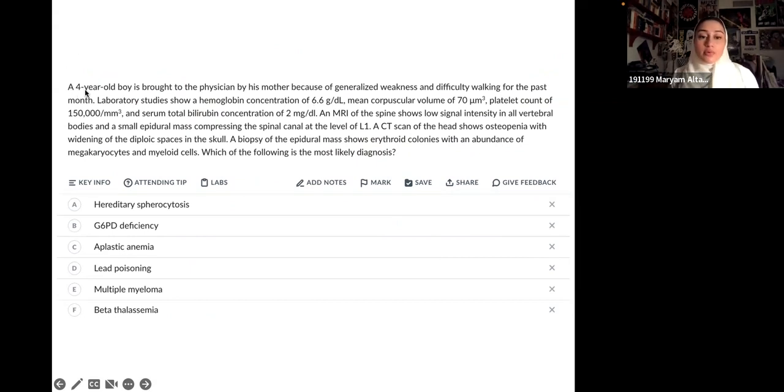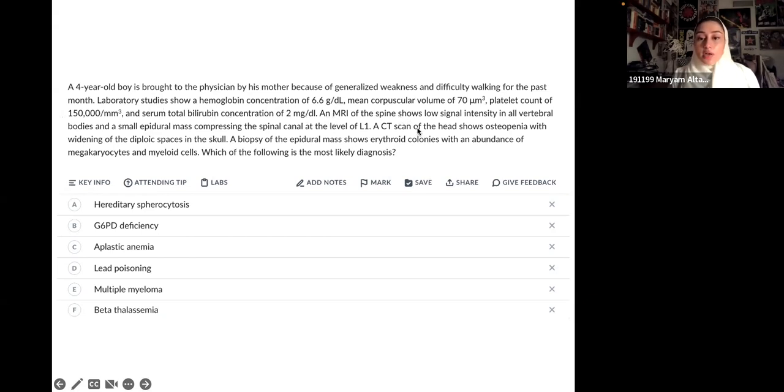Okay, so a 4-year-old boy is brought to the physician by his mother because of generalized weakness and difficulty walking for the past month. Lab studies show a hemoglobin concentration of 6.6, which is low for his age, MCV of 70, which is microcytic, platelet count of 150,000, and a total serum bilirubin concentration of 2, which is high.